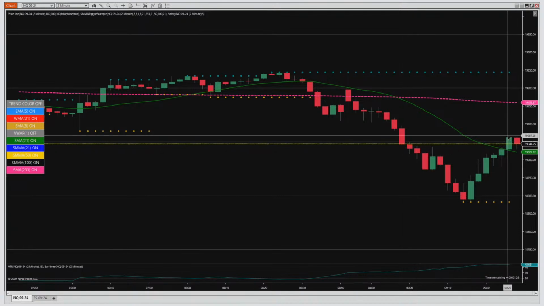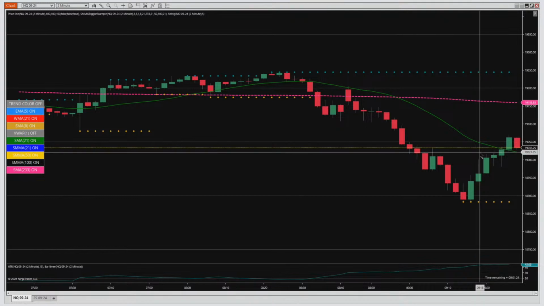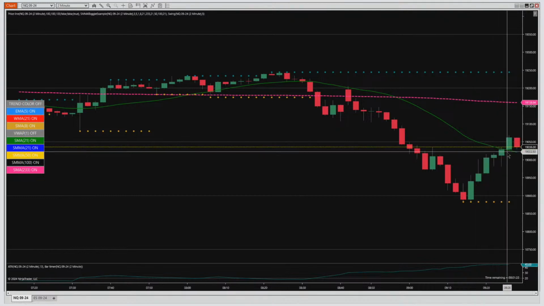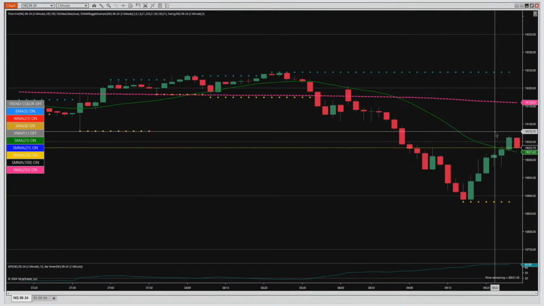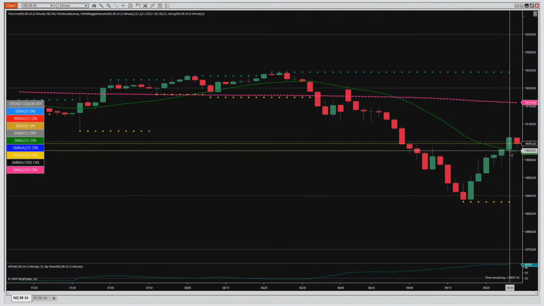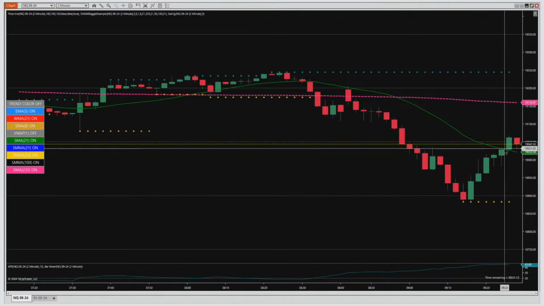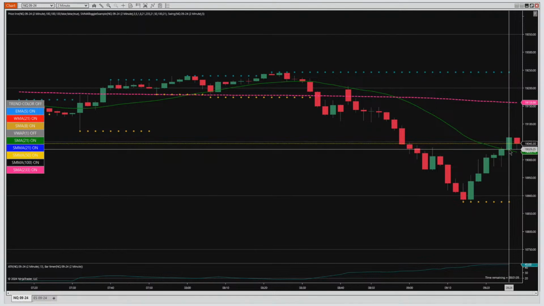A nice close above 21 SMA on the 2-minute chart means I could start taking long trades, but this red bar is negating all the gains by the green bar. So I have to be watchful here again. So no free lunch today.